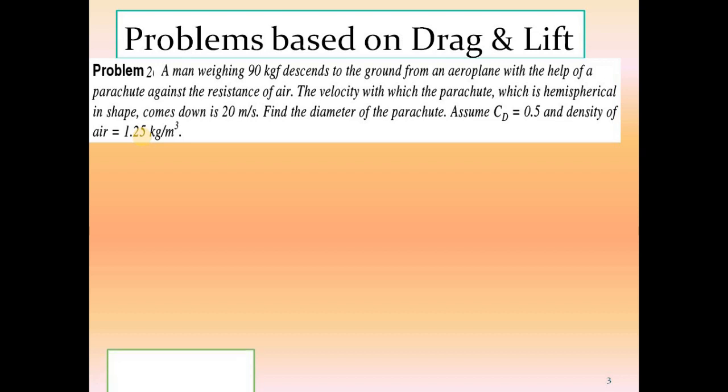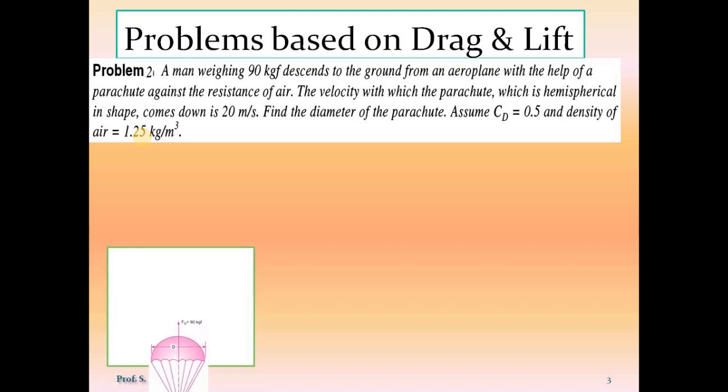So for understanding purpose, we will draw the diagram. This is the man, having the weight equal to 90 kg force. Weight of man will always act in the vertically downward direction, and this man is descending towards the ground surface from the aeroplane, and he is taking the help of this parachute.